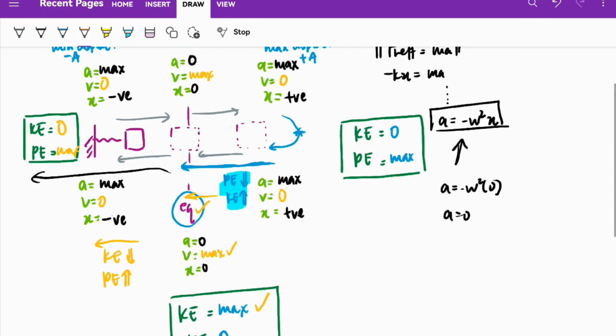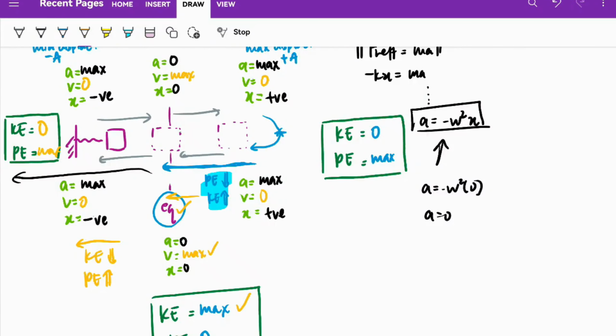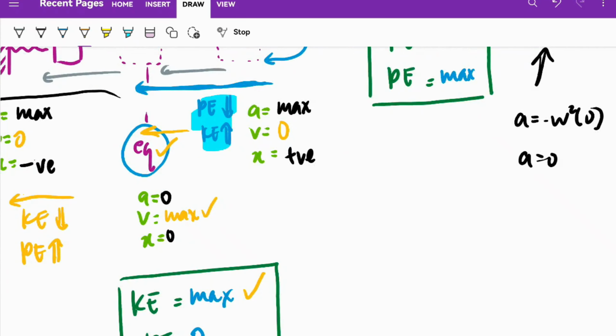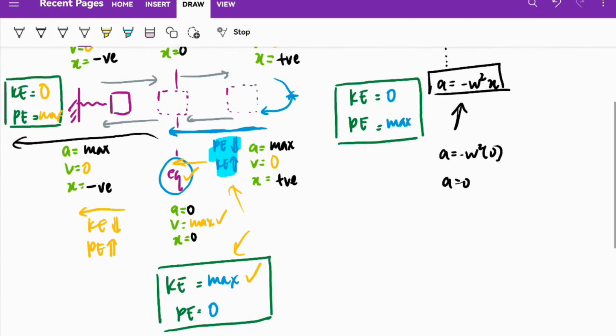So yep, that's about it. Also, don't get confused by what I mean here and what I mean here. What my blue line here is saying is the process as it moves towards equilibrium: how's the energy flowing? The PE will slowly decrease, the KE will increase. The moment it reaches equilibrium, it's at maximum kinetic energy and your potential energy is 0.